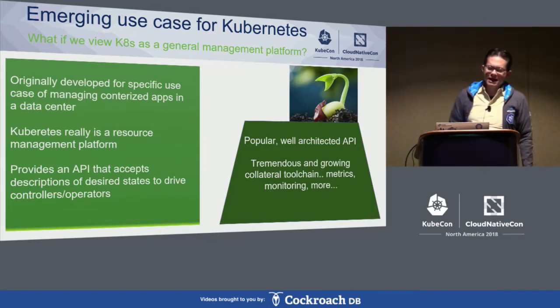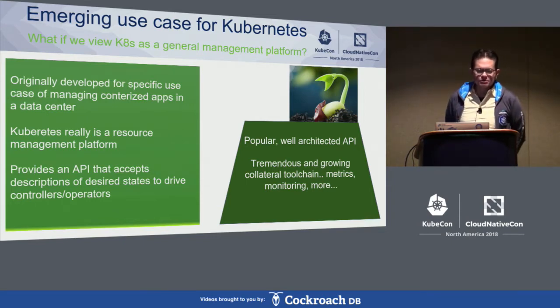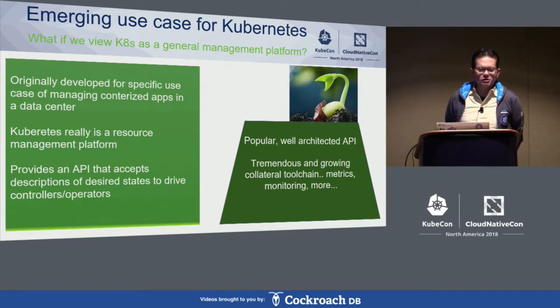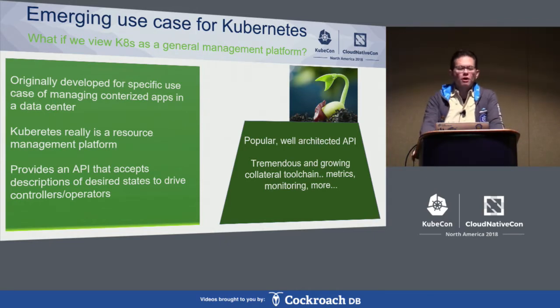But really, if you take a step back and look at it from 20,000 feet, Kubernetes could be viewed as a resource management platform that is API driven, and it accepts descriptions of a desired state and drives controllers and operators that attempt to converge on your declaration of the desired state. What if you could use this as a general purpose thing to do things for similar applications?